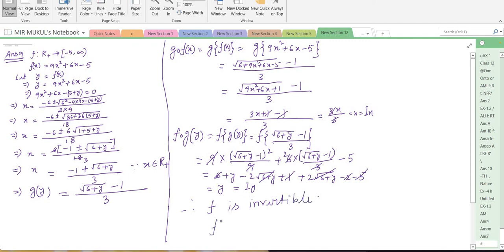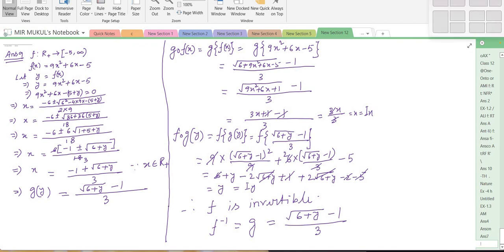And f inverse will be what? f inverse equals g, and g is what we are getting: g equals root over 6 plus y minus 1 upon 3. Hence proved. So I hope you understood this.